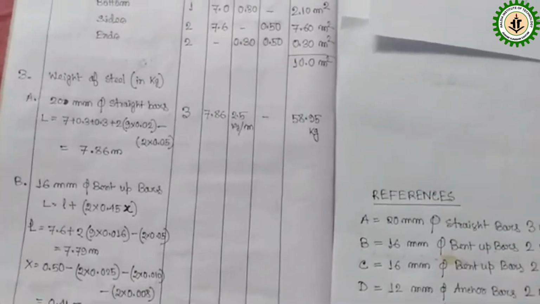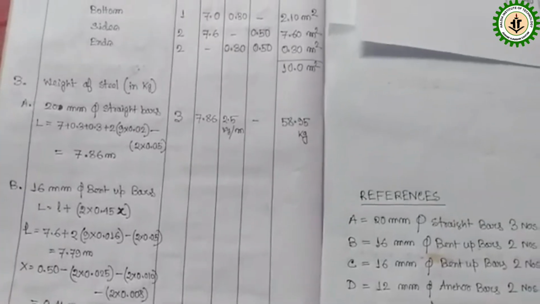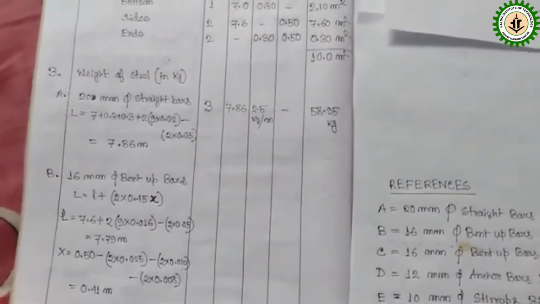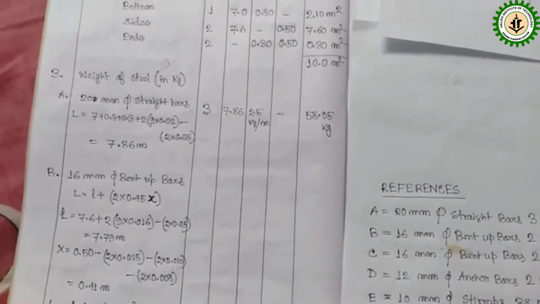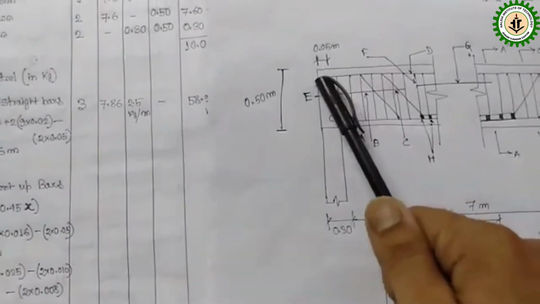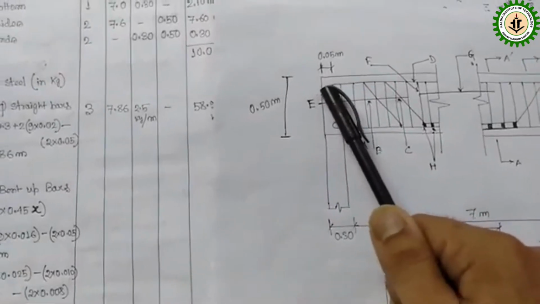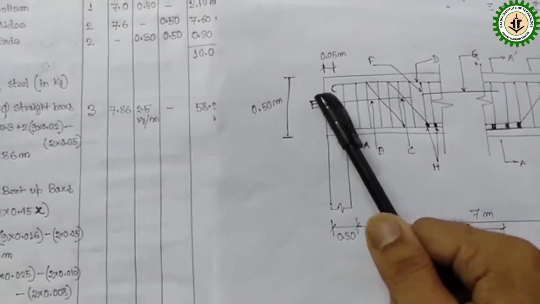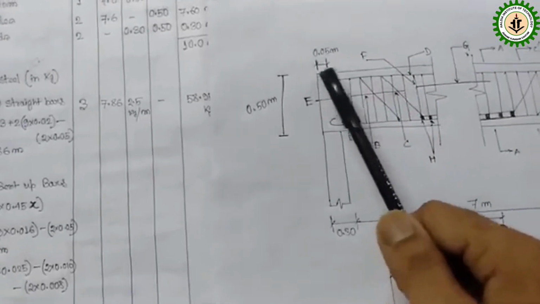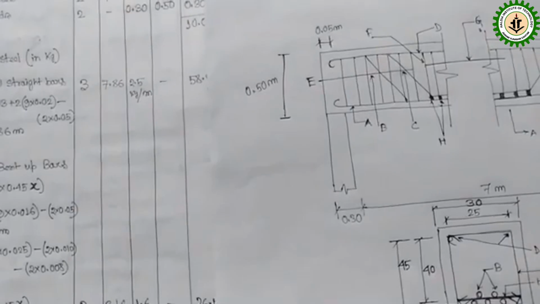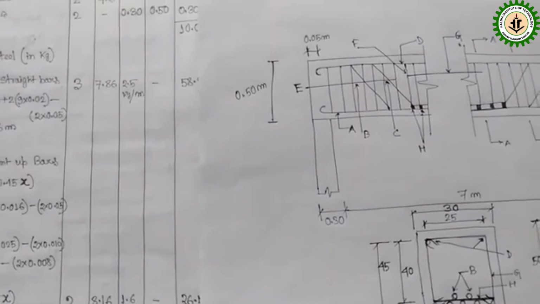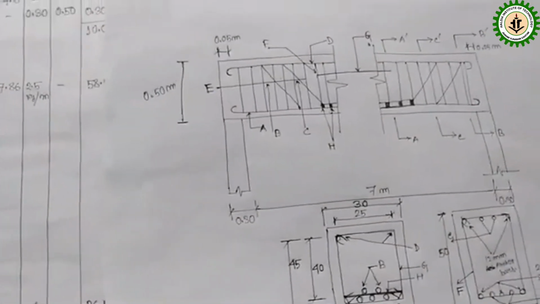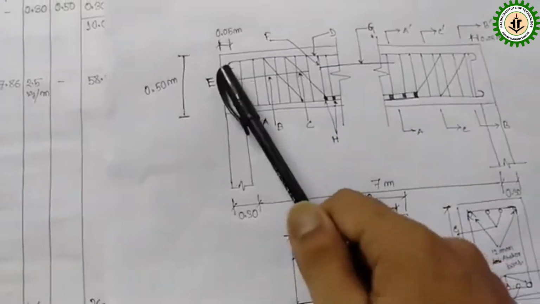Here we have taken the length of the straight bar out to out, but our bar is not provided out to out. There is some portion for cover, that you can check from our plan. The cover distance given is 5 centimeter or 0.05 meter on both sides.